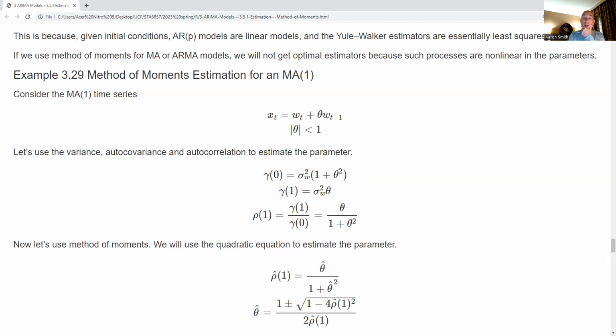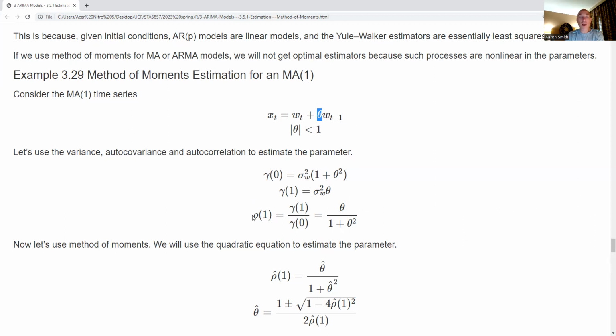Okay, so now look at this right here. I have a relationship between the autocorrelation of 1 and the theta that I need to estimate to get to this equation. All right, so if I can figure out what this theta is, I have a model for my entire time series.